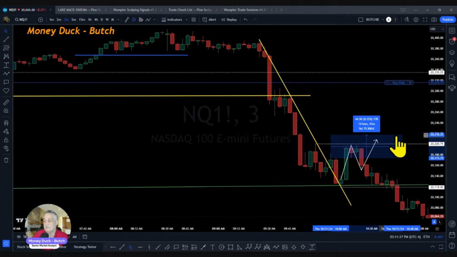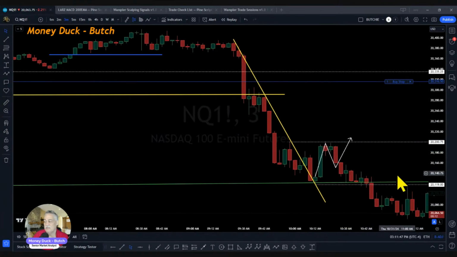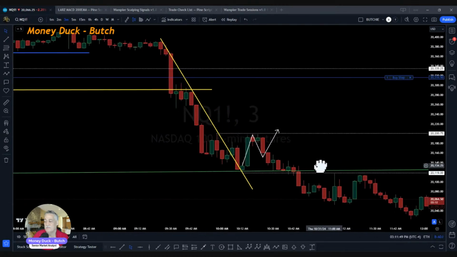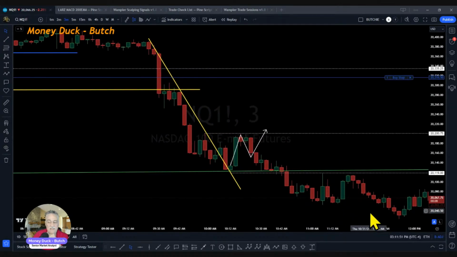I'm getting out at this price level. They're getting out at this price level. So what's the better strategy? It depends. It depends on you. I like my strategy. I want to wait for structure to build up, because if it keeps going short, I want to stay in it.